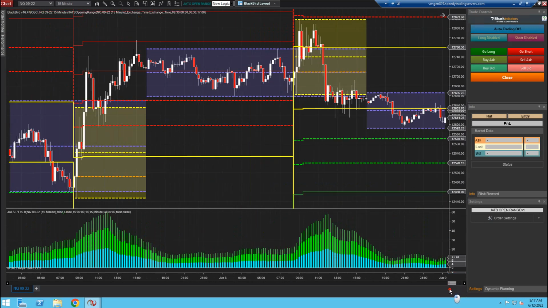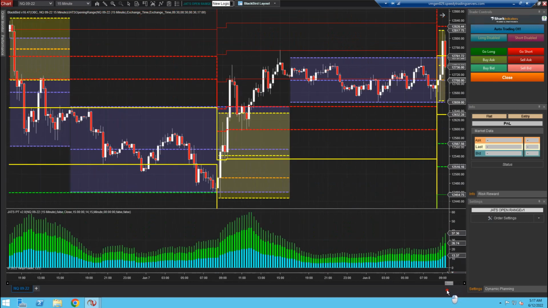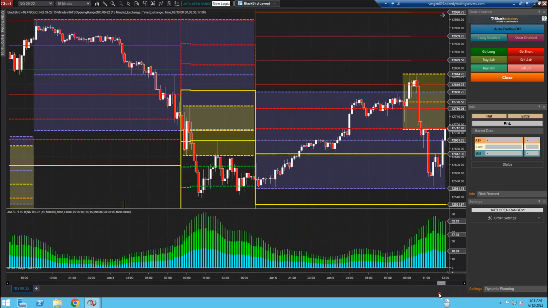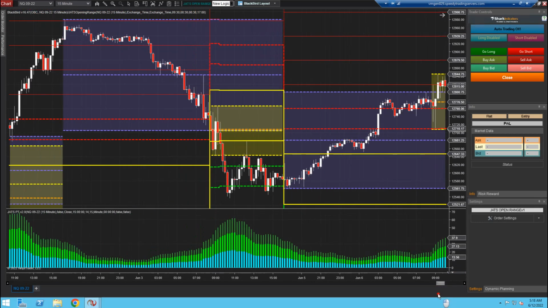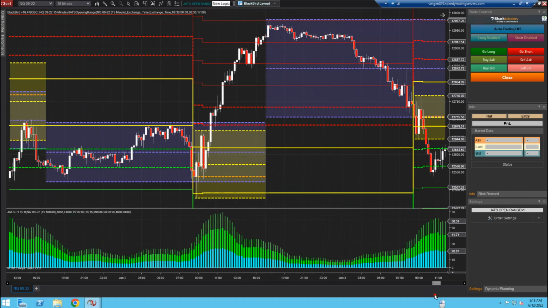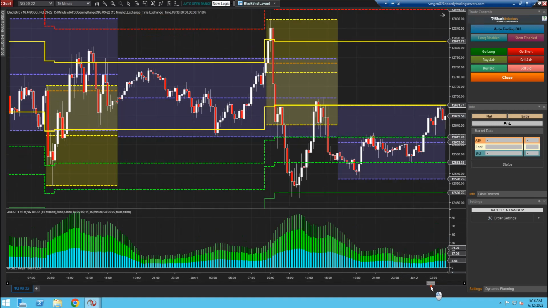Even if you're just discretionary trading, this is such a nice little template to have the 1 hour IB levels when you're trading this equity index, and it does start breaking your range, giving you these algorithmic locations to go to.